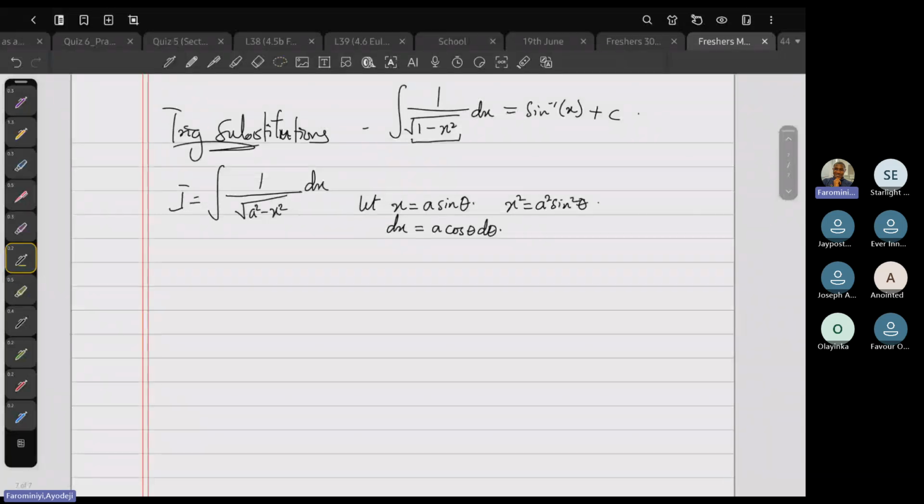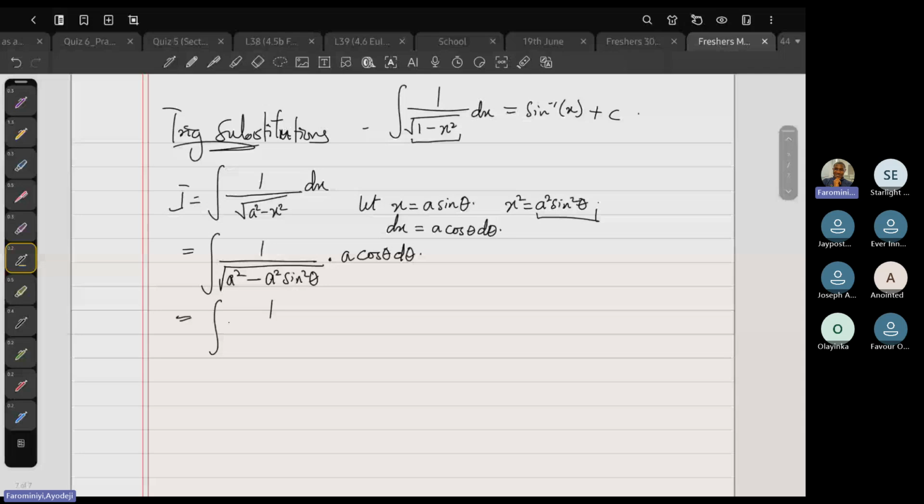Such that we can rewrite this as 1 over square root of a squared minus x squared is this. A squared sine square theta. Then dx is a cos theta d theta. So I can factor out the a squared there. That was actually why we had to do a sine theta.